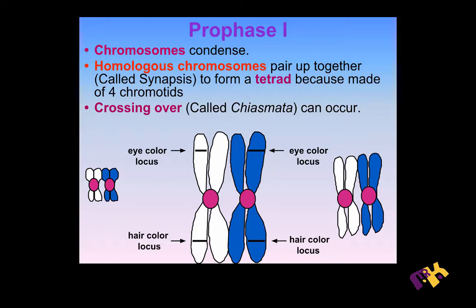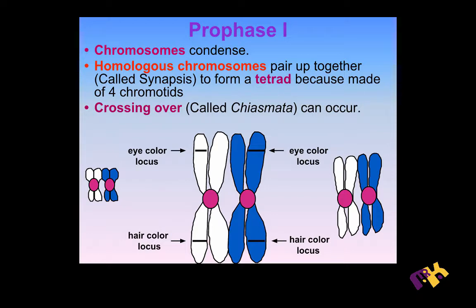Because of that, there's an event known as crossing over, where some of the genetic information from one of the telomeres of one chromatid can be switched in position with another one that's nearby. Both the paternal and maternal chromosomes have similar genes, like the gene for hair color or the gene for eye color, found on the same homologous chromosomes, whether they come from your mother's side or your father's side of your genetic makeup.